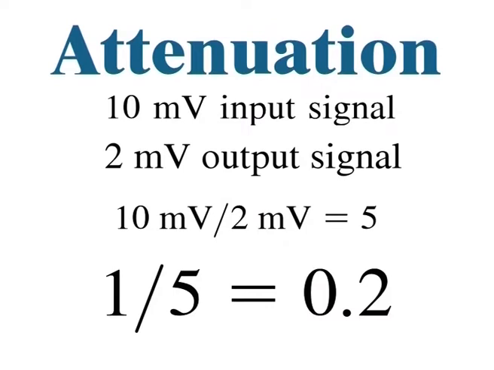Suppose a source produces a 10 millivolt input signal and the source resistance combined with the load resistance results in a 2 millivolt output signal. In this case, the attenuation is 10 millivolts divided by 2 millivolts and is equal to 5. That is, the input signal is reduced by a factor of 5. This can be expressed in terms of gain as 1 by 5, which is equal to 0.2.